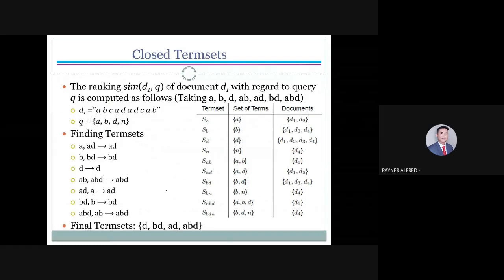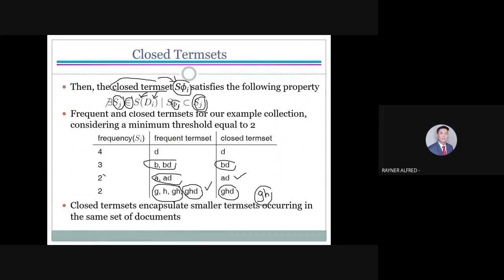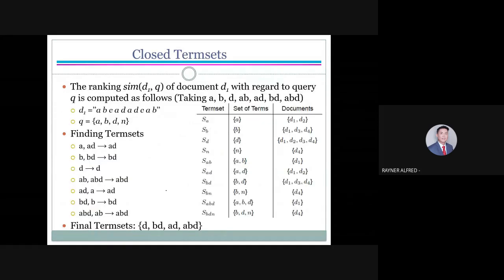Okay. How do we determine the closed term set? We use the same example here, Q and also D1. This one we get from the previous calculation. What we want to do is the pairing, like D1 and D1.